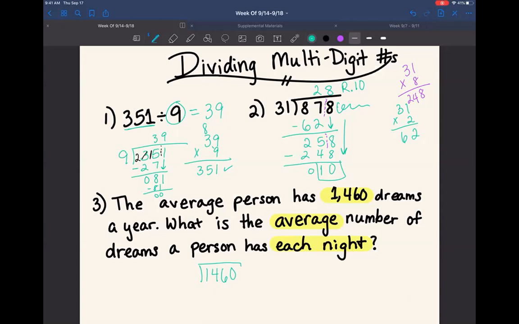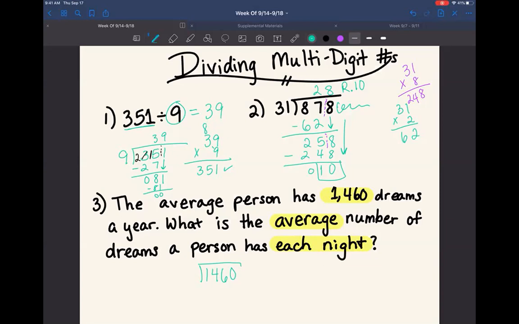All right. So let's think about what it's asking me. It's asking me: the average person has 1,460 dreams a year. What is the average number of dreams a person has each night?